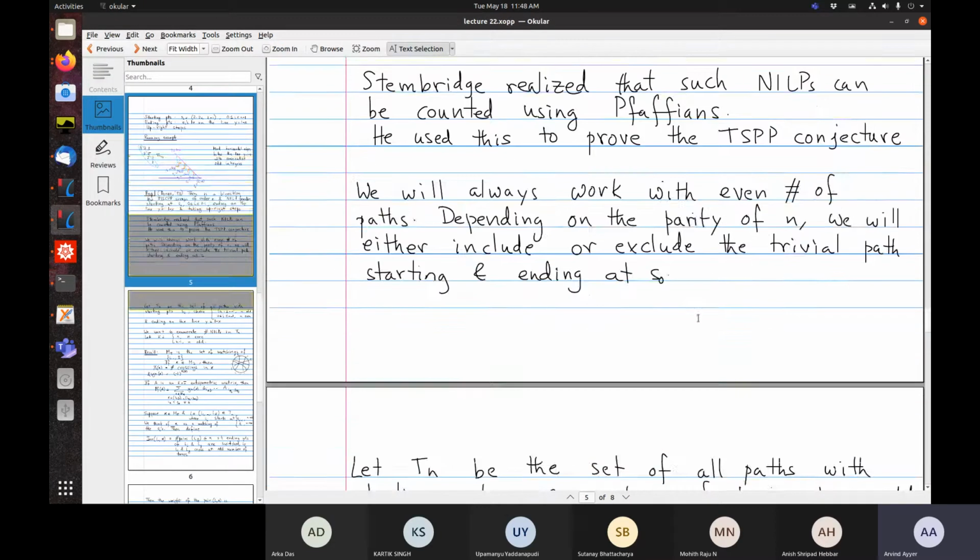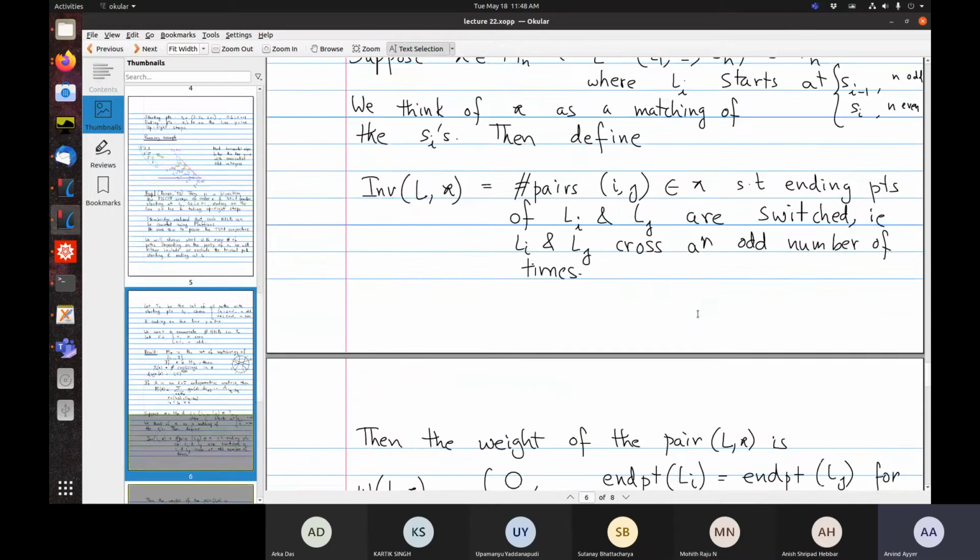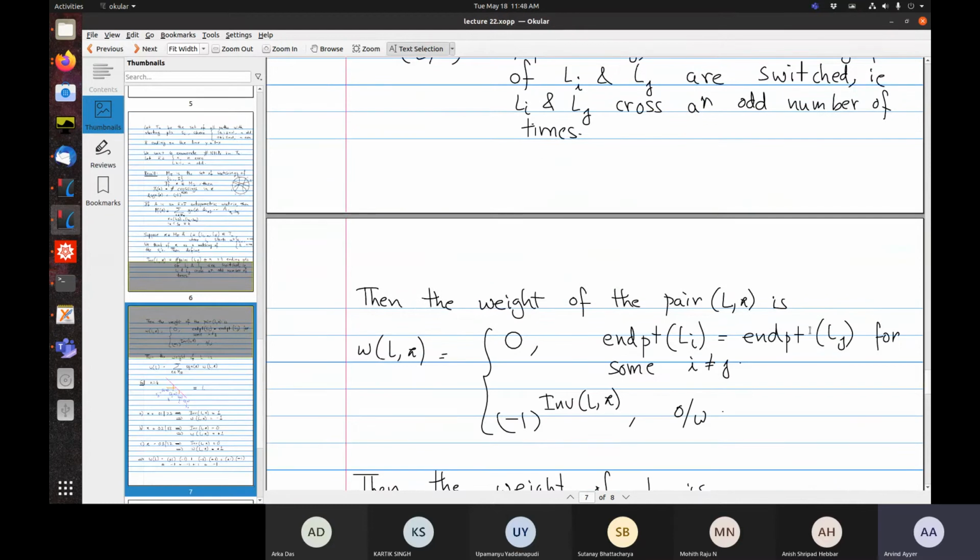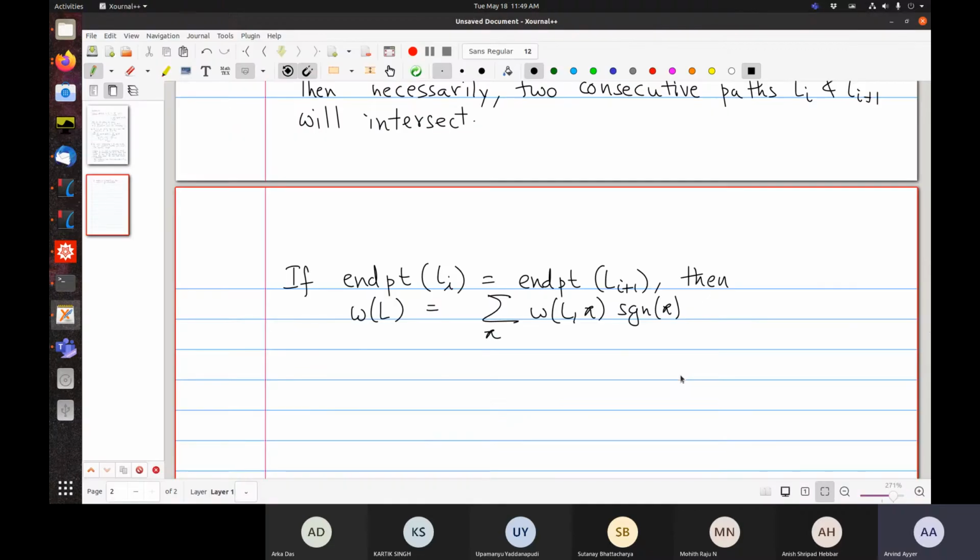But what is the weight of such an L pi? If this happens, then this weight is necessarily 0, right? For all such pi. So this first part does not involve pi. So this guy is 0, and so I get a big fat 0. Okay, so we don't need to worry about this case.